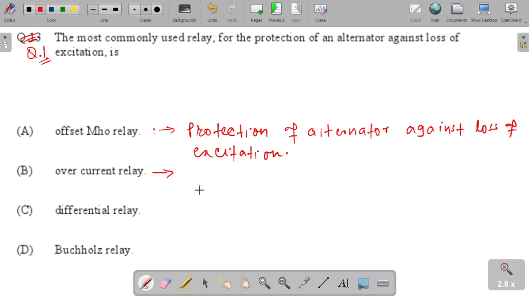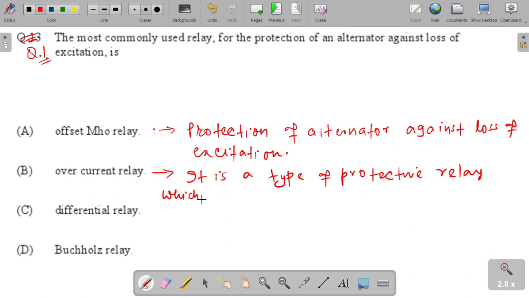So it is not used for the protection of alternator against loss of excitation.